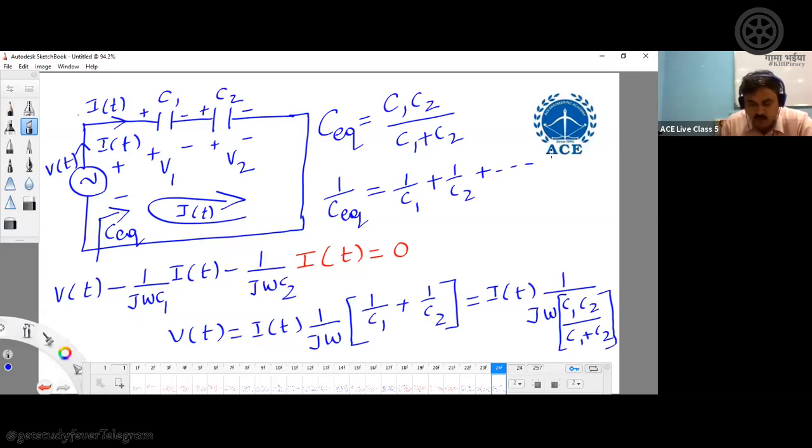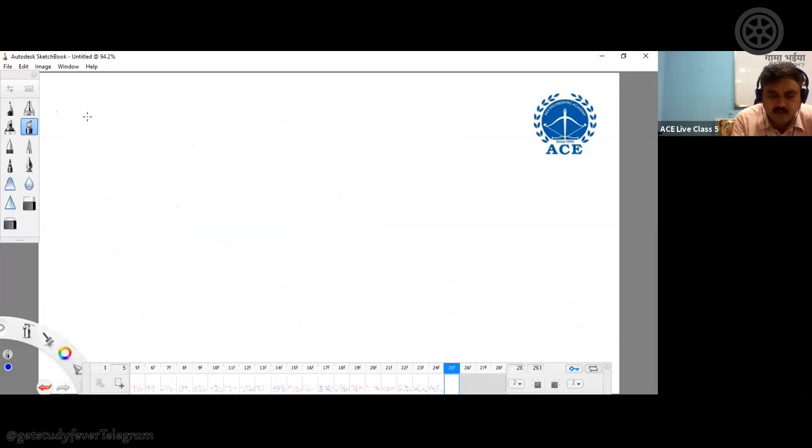Now, what will be the voltage division principle applicable here? Suppose I want to find the voltage on the first capacitor. It will be V1, or rather a function of time. I should write V1 of t, because all are functions of time. What is V1 of t? It is the impedance of the capacitance, 1 by j omega C1, into I of t.